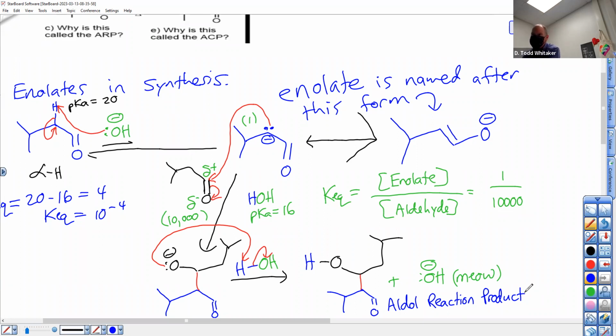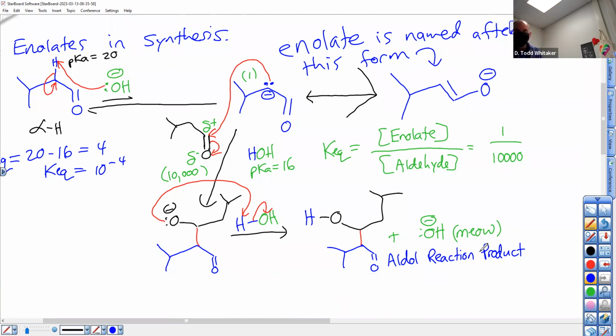Just remember, it was named after the aldehyde being the reactant, and it ends up being an aldol product because there's an aldehyde in it and an alcohol. And use some Greek. What position is the alcohol relative to the aldehyde? I need a Greek letter. Beta. It's beta. Aldol reaction product is a beta hydroxy aldehyde.